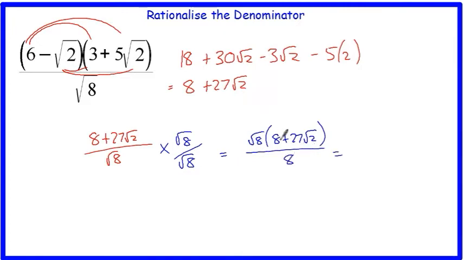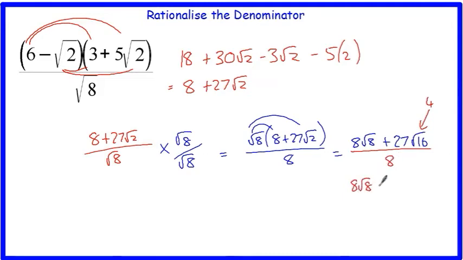So this is 8 root 8 plus 27, and this is root 8 times root 2 is root 16, which is just the number 4, all over 8, which is 8 root 8 plus 27 times 4 is 108 over 8.